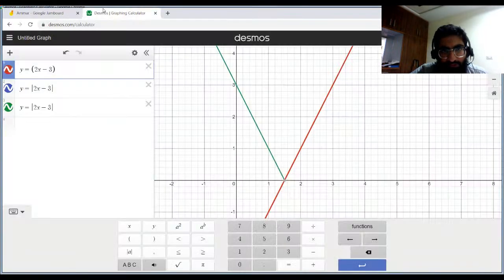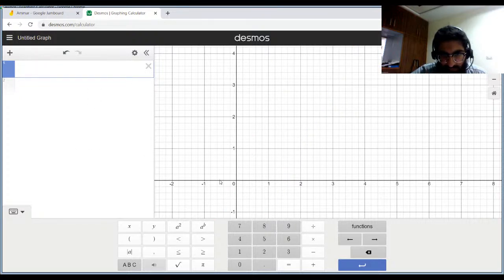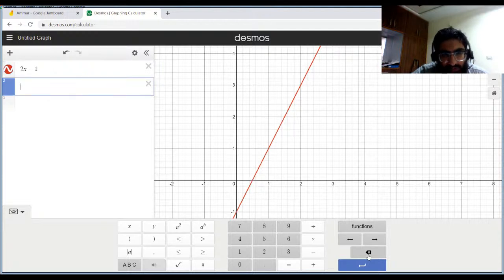You can still see the desmos, right? If I put over here 2x minus 1 is equal to 5, malfunction. What it should be doing is y is equal to 2x minus 1 and y is equal to 5.